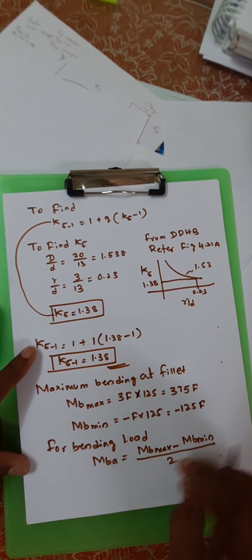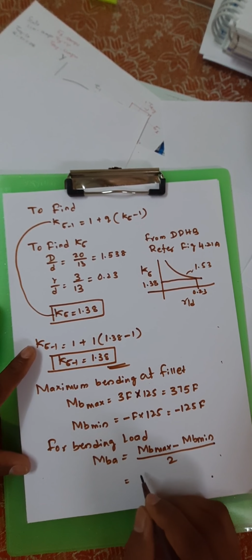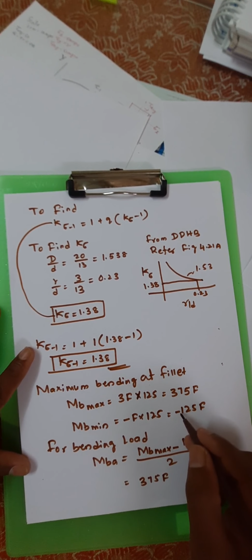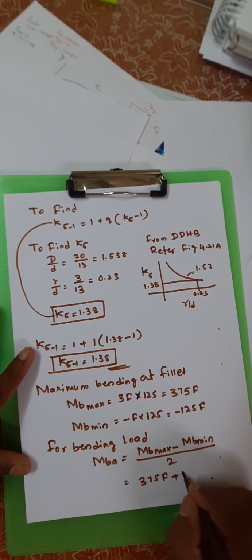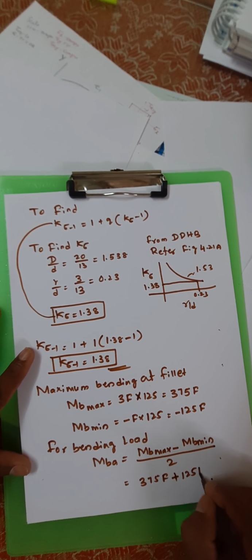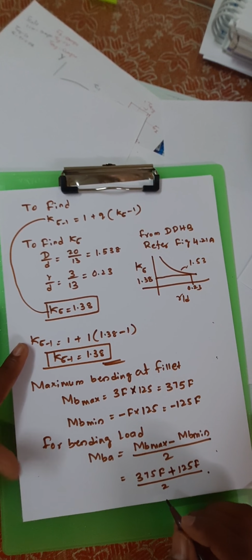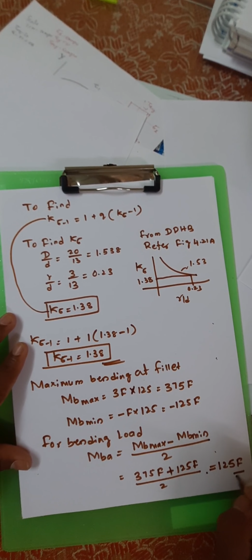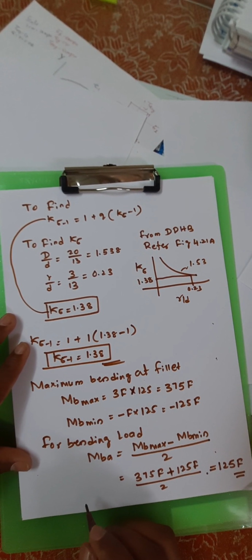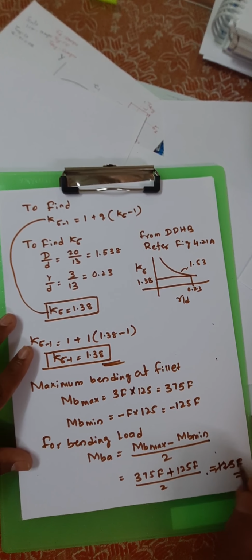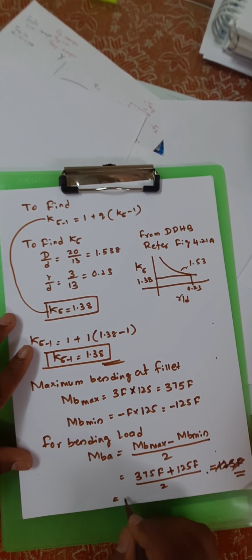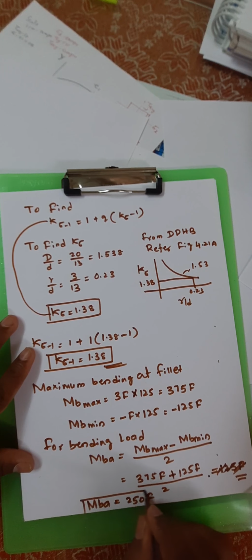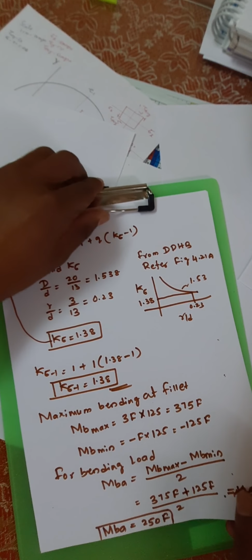If you substitute these values, 375 F minus, minus becomes plus, 125 F divided by 2, if you simplify this, we will get 250 F. This is the MBA.